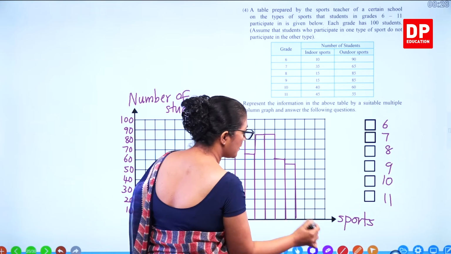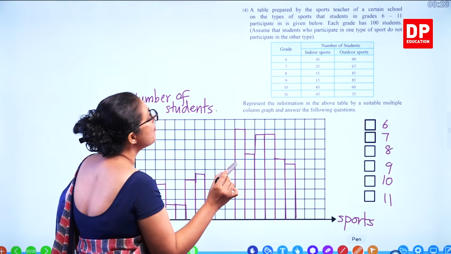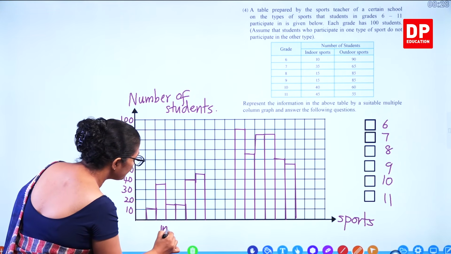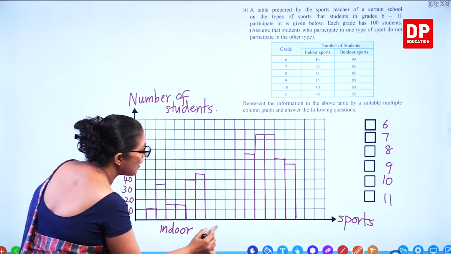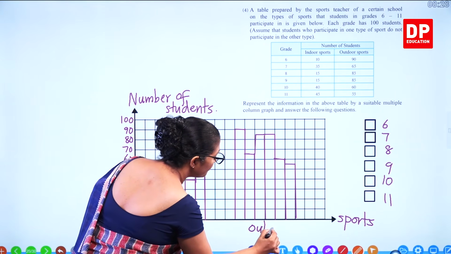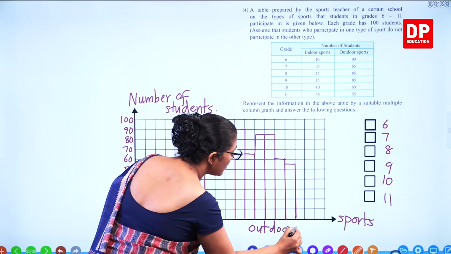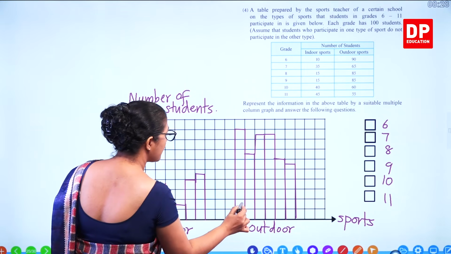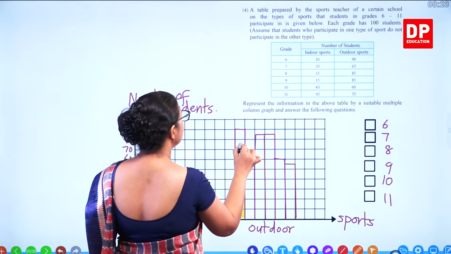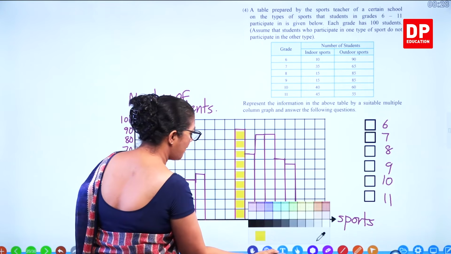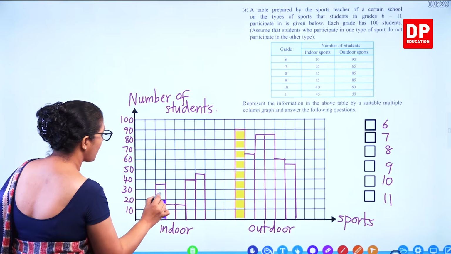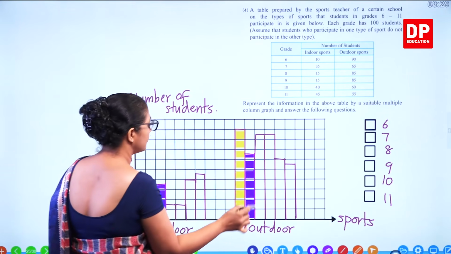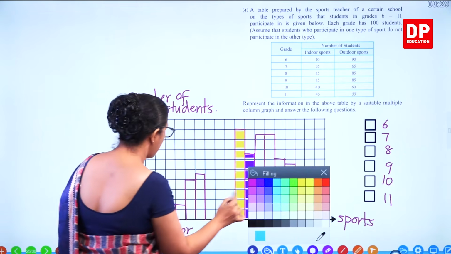So that's the multiple column graph. This is indoor and this is outdoor. You can give colors here. Grade 6. Grade 7s. Grade 8.